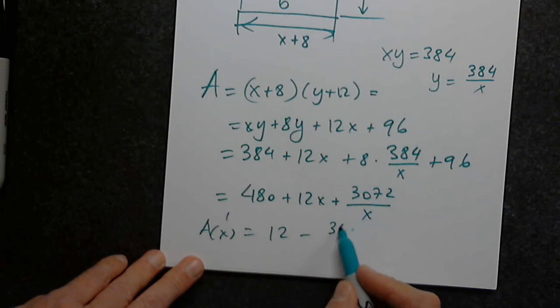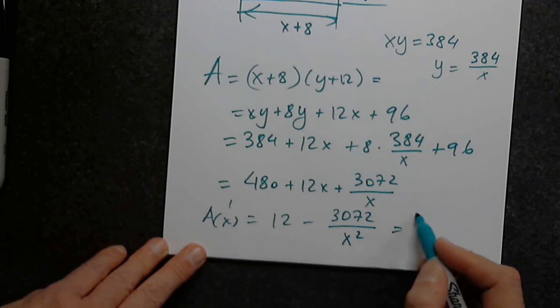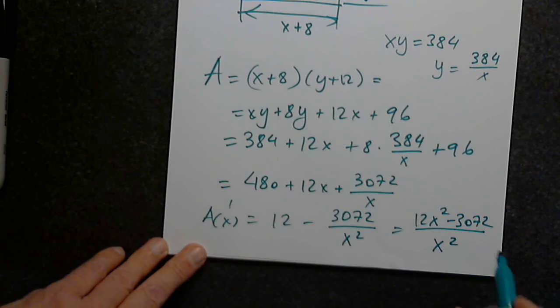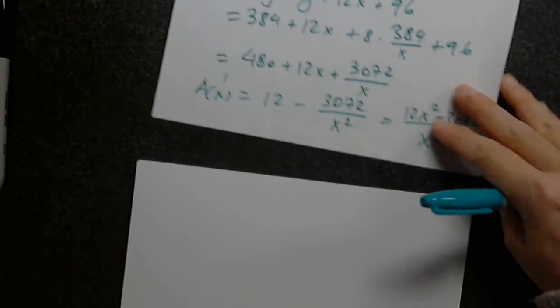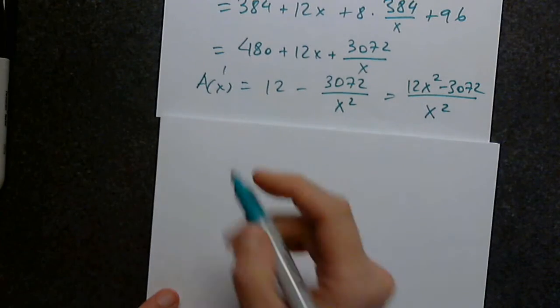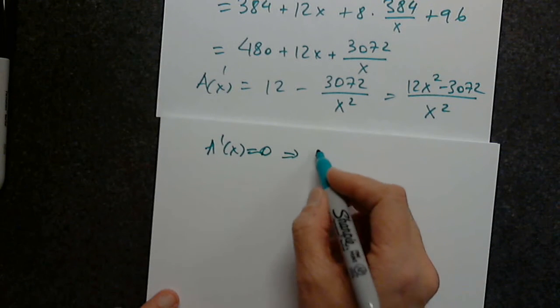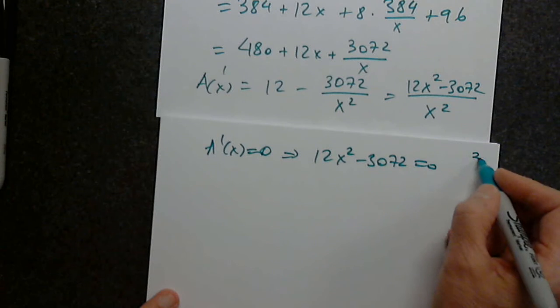12 minus 3072 over x squared. Or 12x squared minus 3072 over x squared. And I'll find the critical number by setting this equal to 0. And I end up having, so A prime equals 0 means 12x squared minus 3072 equals 0.